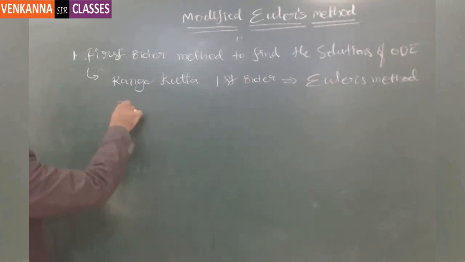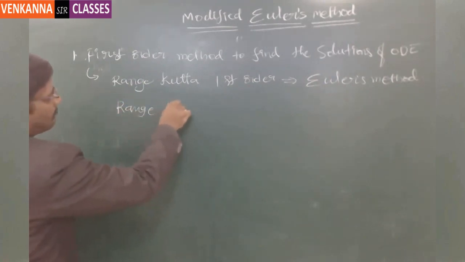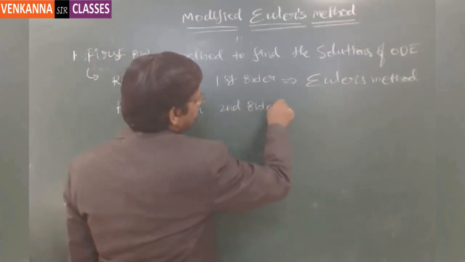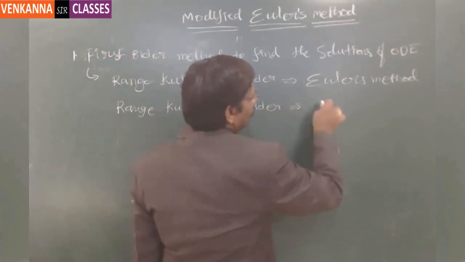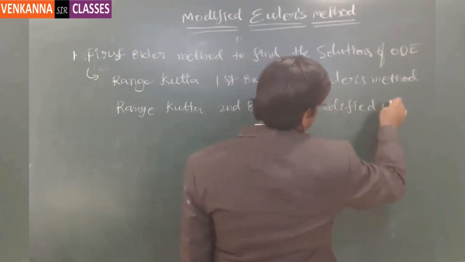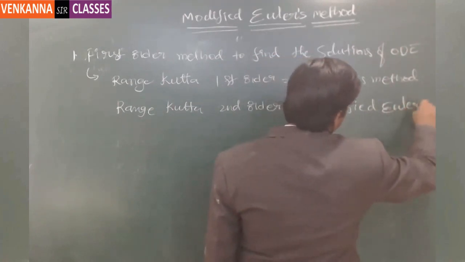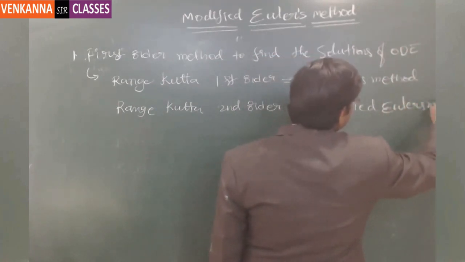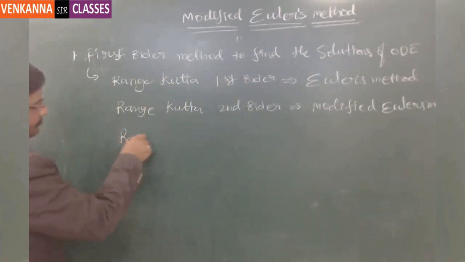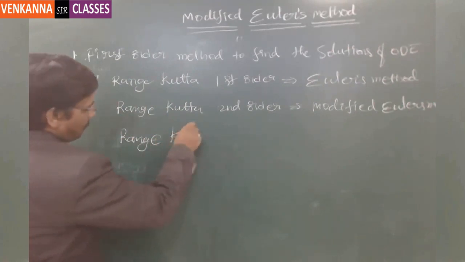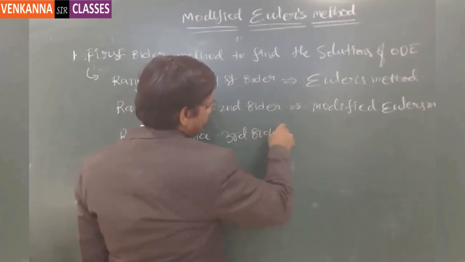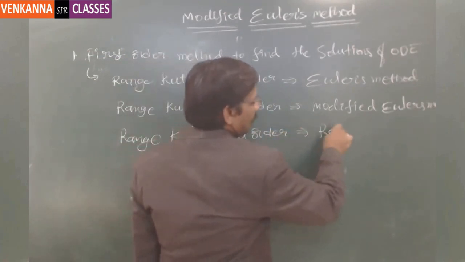And then the Runge-Kutta second order method is called modified Euler. The next one is Runge-Kutta third order, and this method is Runge's method.